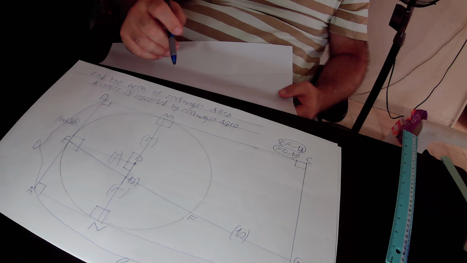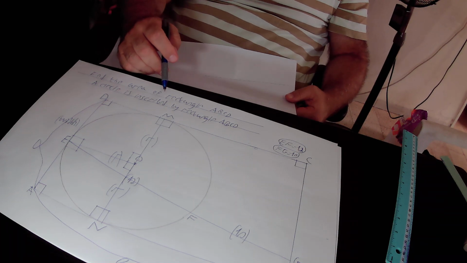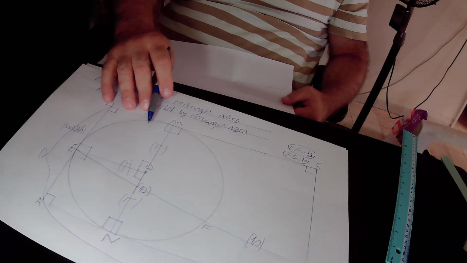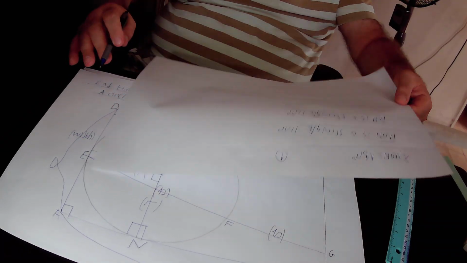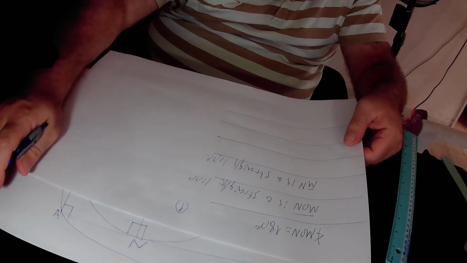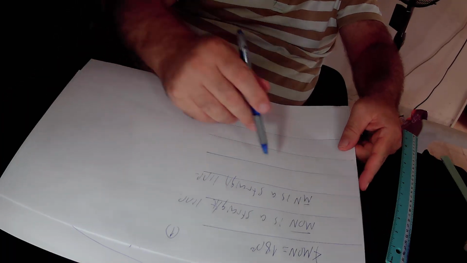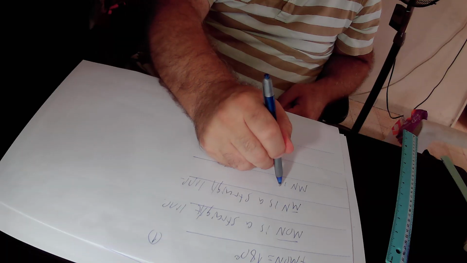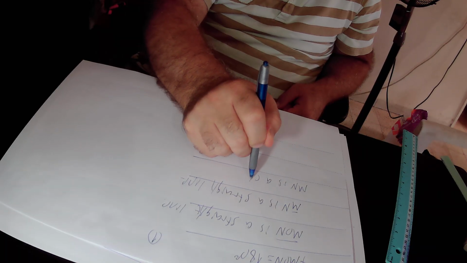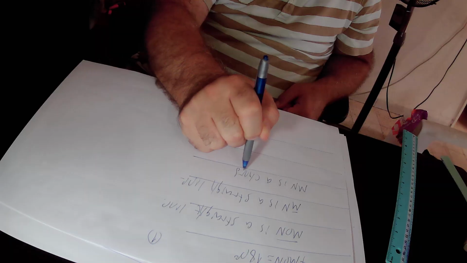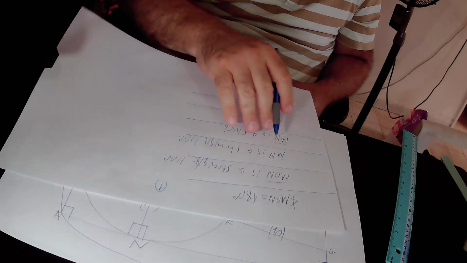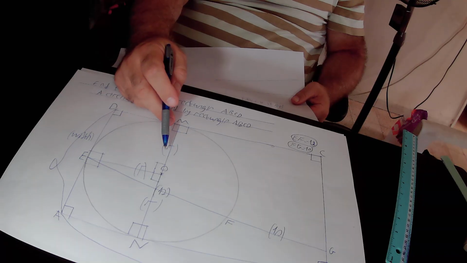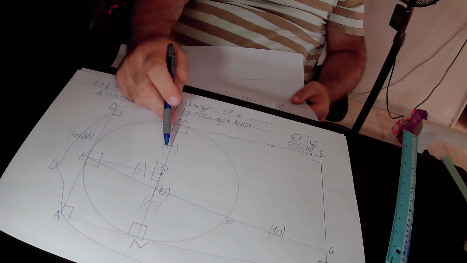But MN is a straight line that touches the circle at 2 points, point M and point N. Therefore, MN is a chord. It is a chord that passes through point O, that is the center of the circle.